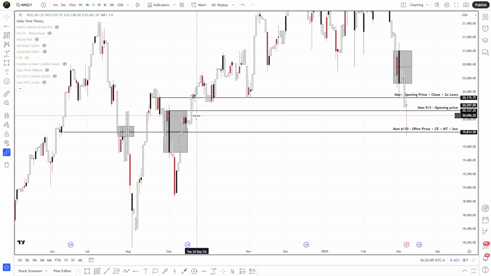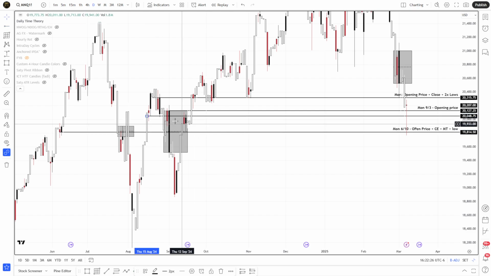This low almost comes to the CE of this wick. They're right around the same area. So let's go ahead and mark that as well. We'll take this low and we'll go to the CE of that wick right here. And that pretty much captures everything, this level.